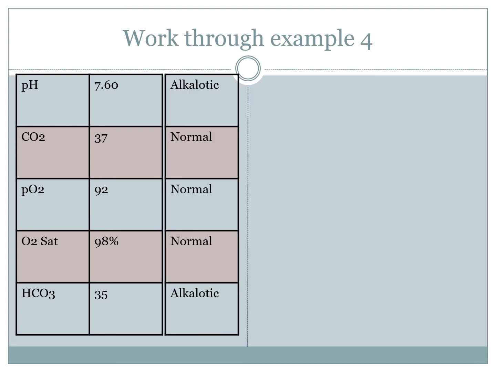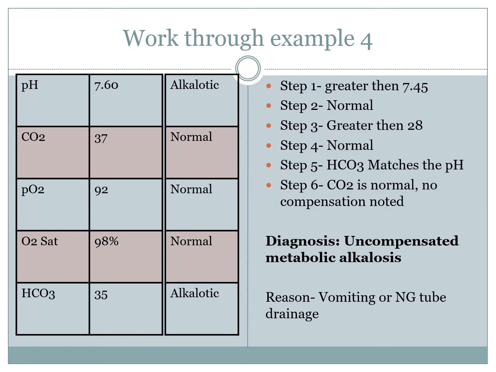Now, looking at that value, 7.60, hopefully you all got that that's greater than 7.45, so they are indeed alkalotic. CO2, normal. Bicarbonate, it's greater than 28, therefore they're alkalotic. Remember, lots of bicarbonate, soaking up all the acids, alkalotic.